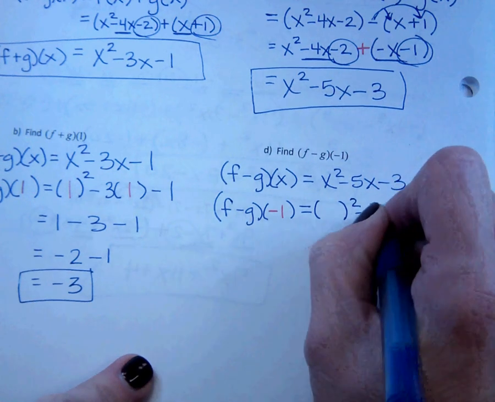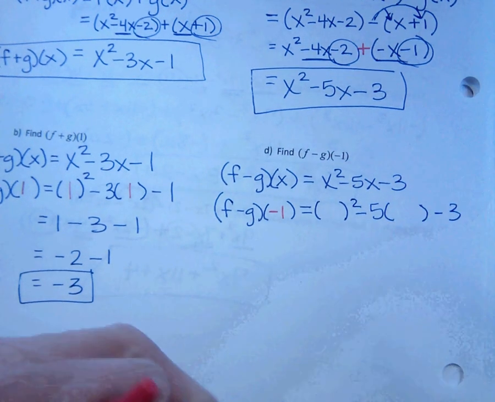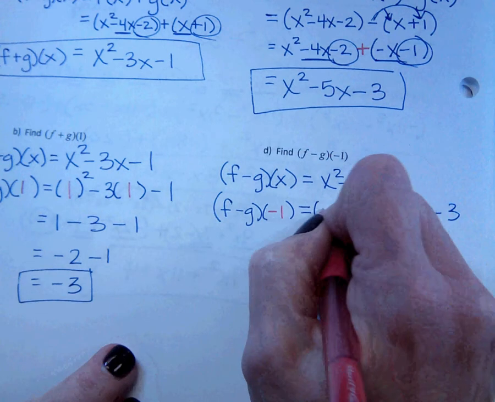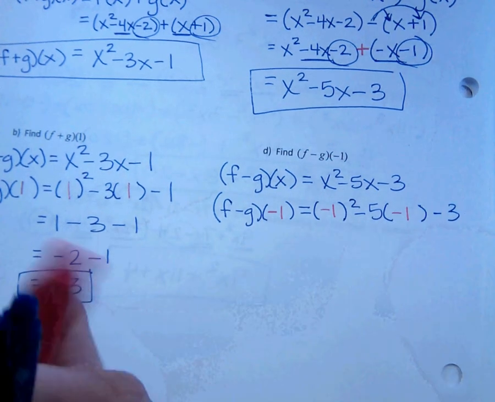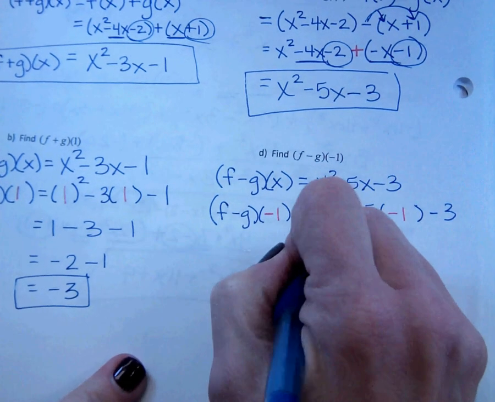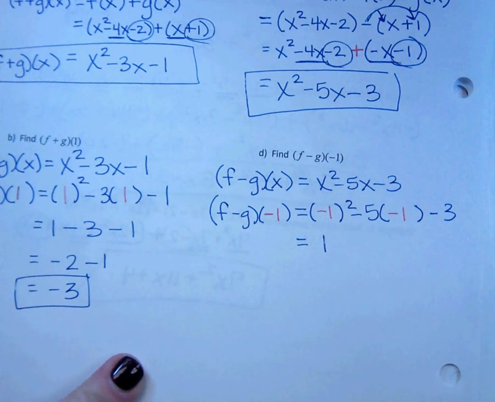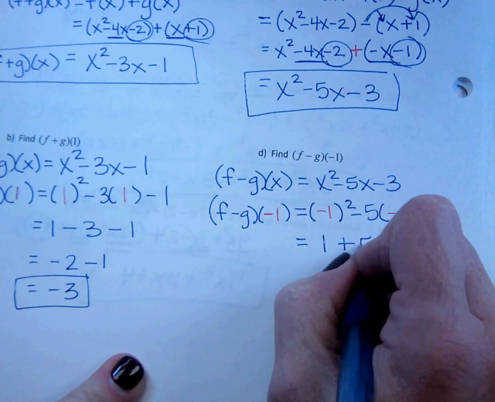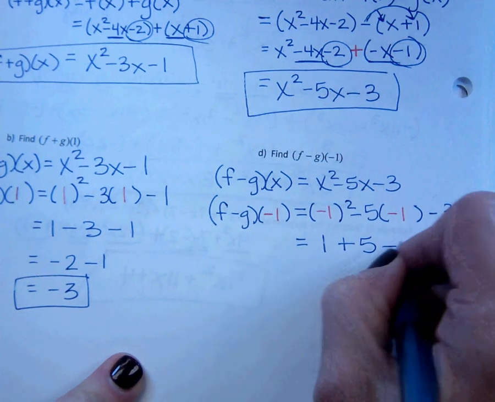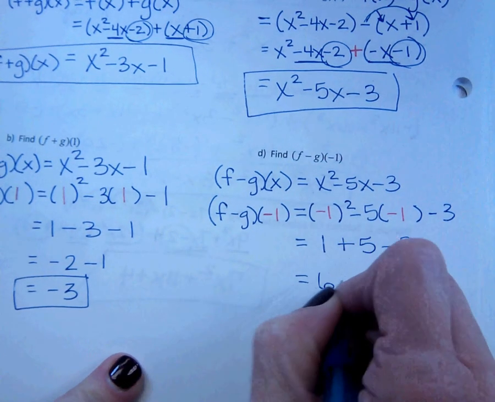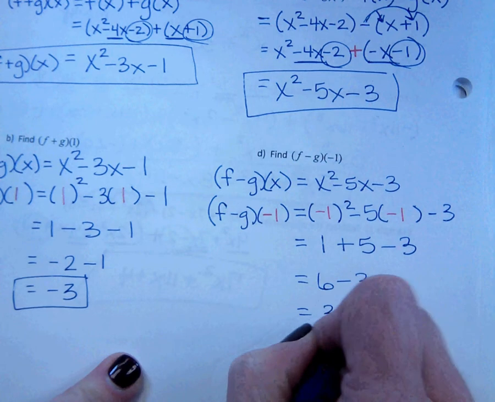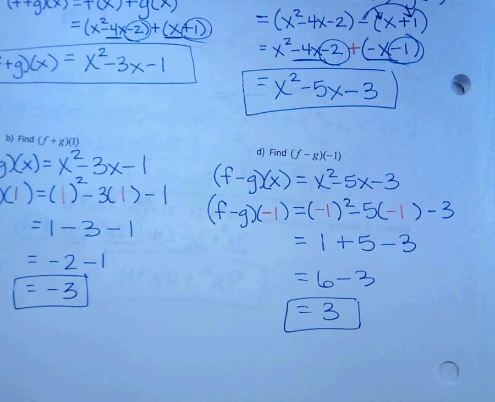So everywhere I see an x, I'm going to open up a parenthesis and put -1 inside. So -1 squared, that's -1 times itself. -1 times -1, that's 1. -5 times -1 becomes +5. So this becomes 6 minus 3, or +3.